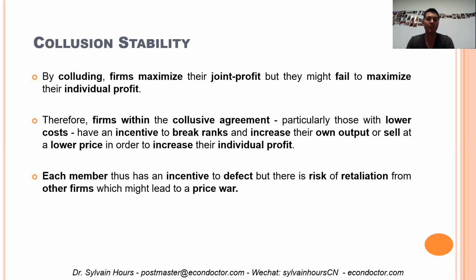This is simply because if you only play the game once, it's not possible to punish firms who have cheated. So if we agree to charge a high price, but tomorrow one of them charges a low price, because we only play the game once, there is no way we can punish this firm. And of course, if I know that I can't be punished because we only play the game once, I will cheat. I have an incentive to cheat.